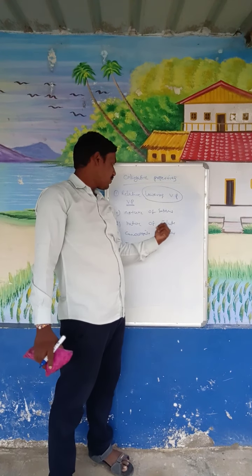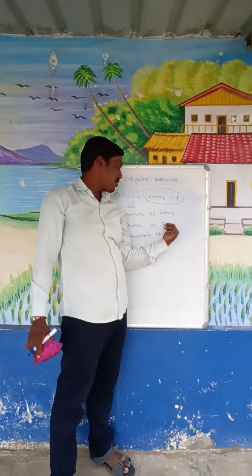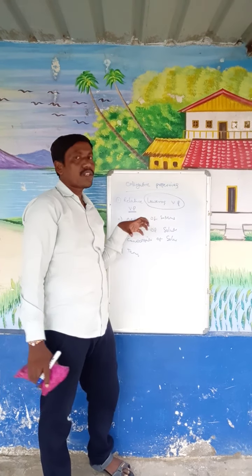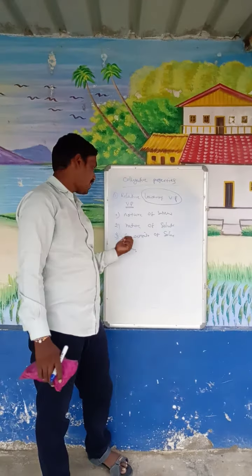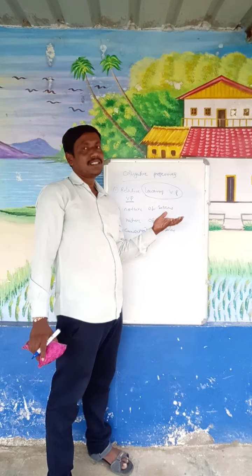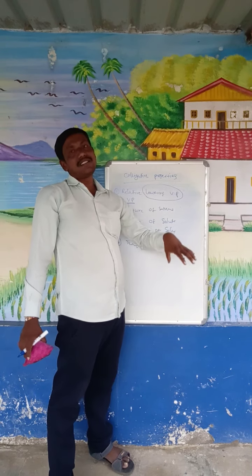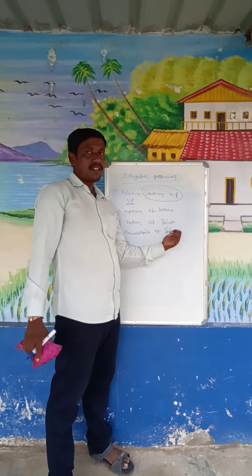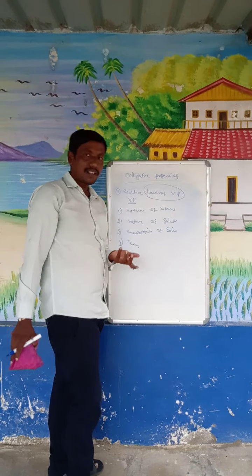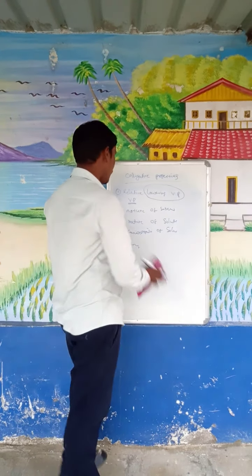If the solute also has a volatile nature, the solution vapor pressure increases. As the concentration of the solute increases, vapor pressure decreases; they are inversely proportional. As temperature increases, vapor pressure also increases.